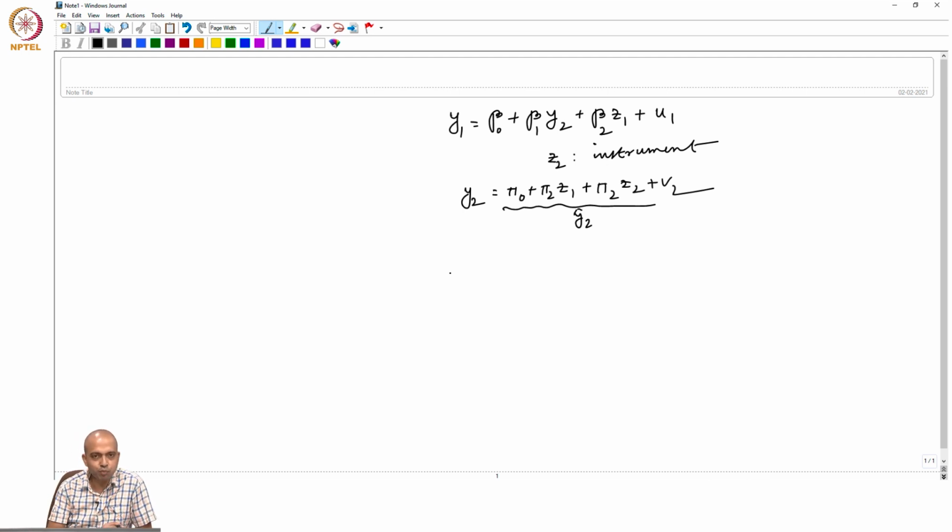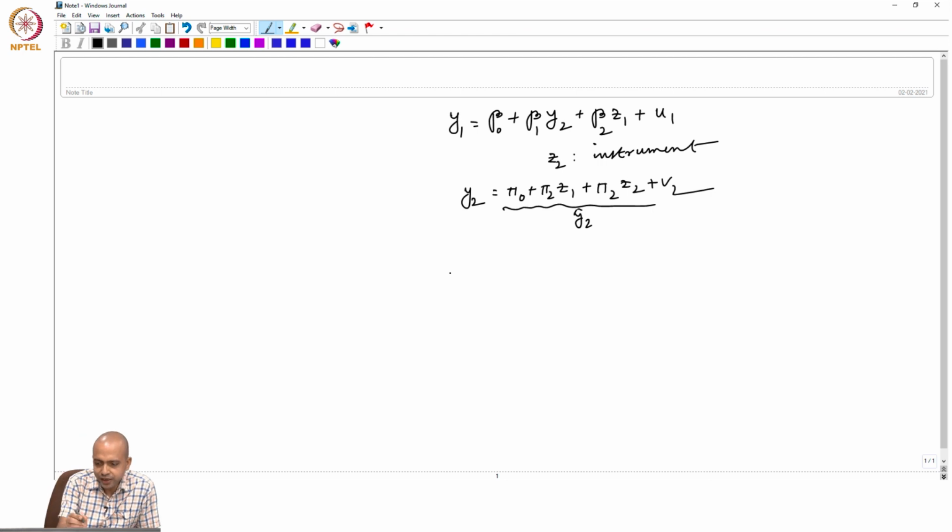We need to estimate the model using OLS, estimate the model using IV, and then check whether the estimated values of the coefficients derived from OLS and from IV are statistically different or not. If there is a significant difference between OLS and IV estimates, then we will say that OLS is actually not an appropriate method of estimation.